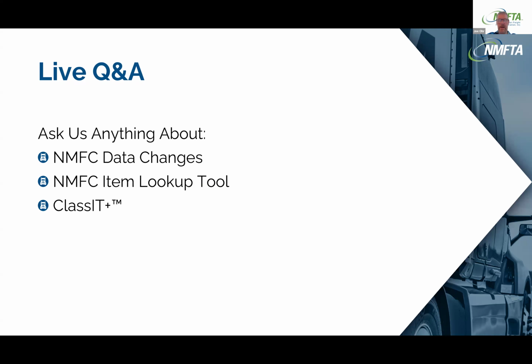The current product really just looked at 2025-1, and we wanted to keep it simple, so we didn't go outside of 2025-1. Great suggestion, but it won't be part of this tool. We definitely want to look at how we do it as part of future tools, especially when it becomes part of ClassIT Plus itself.